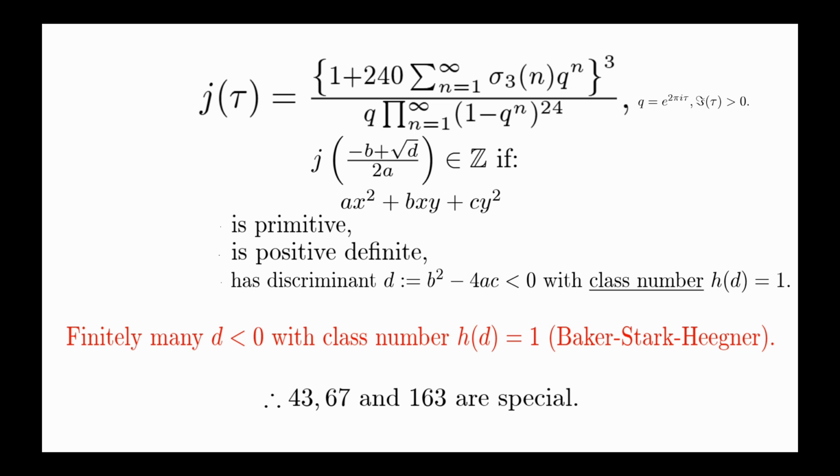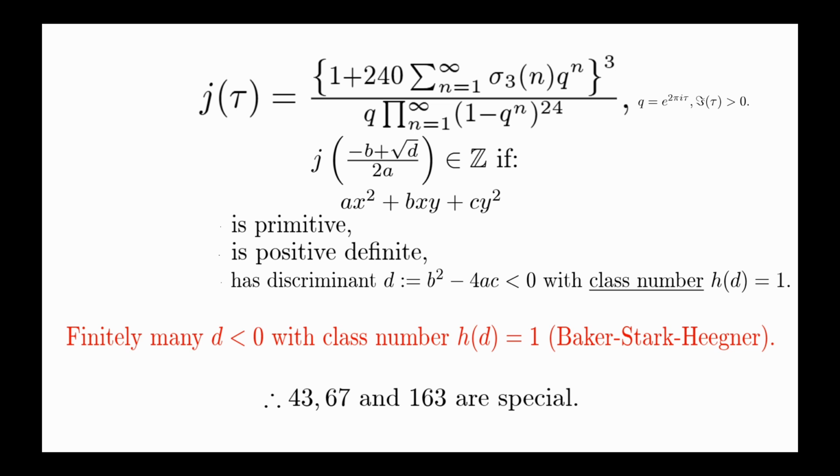And this makes 43, 67, and 163 really special, particularly 163 because it makes e to the pi times root of 163 surprisingly close to being an integer.